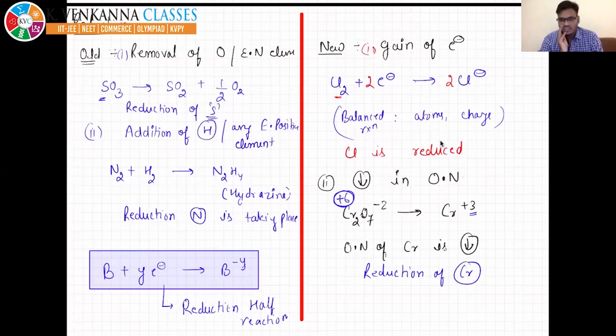Variable oxidation number is generally shown by d block and p block elements. It is not shown by fluorine, because a compound having fluorine will always have -1. Hydrogen is also fixed, +1 with non-metals and -1 with metals. Oxygen is also fixed generally. For alkali metals it is +1, that is also fixed. For alkaline earth metals it is also fixed, +2.